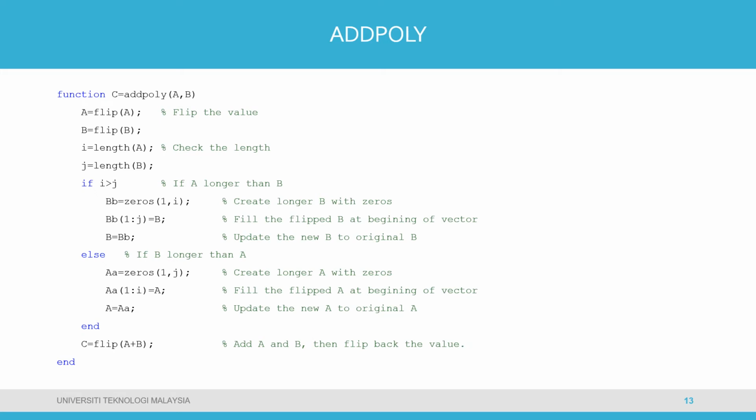So if you check back, add poly is basically a user defined function. Add poly is not available in MATLAB, so you have to create this function on your own. So I include the function here. Make sure you know how this function works. For example, if A is equal to 1, 2, 3, and B is equal to 4, 5, 6, 7.